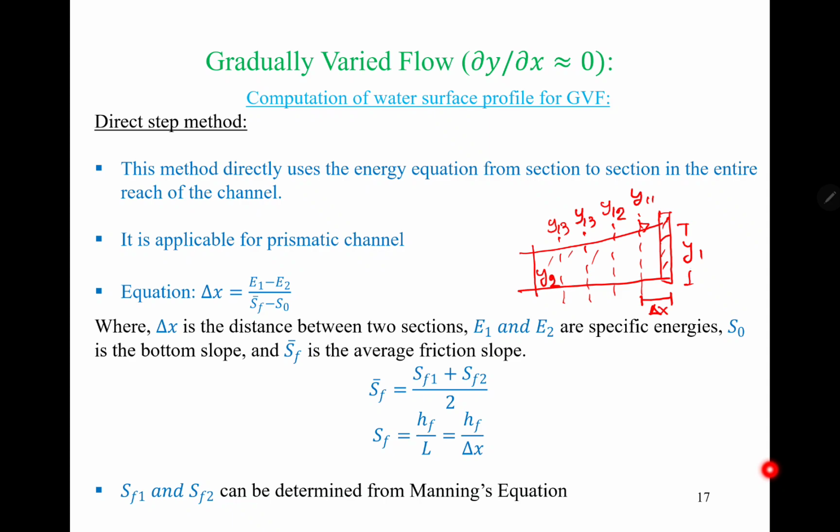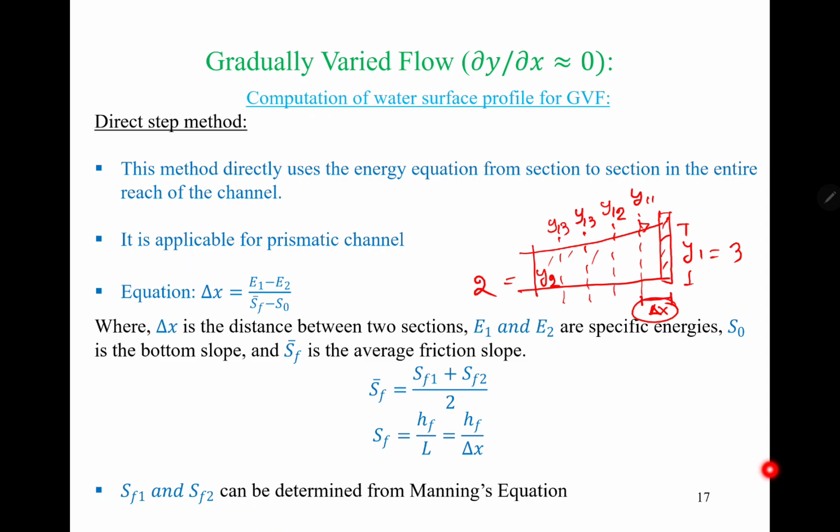If you know the upstream and downstream depths, suppose this one is 3 and this one is 2, you can assume the next steps. Maybe you will say, okay, I will go from 3 to 2 by 0.2 increments, so it will be 2.8, 2.6, 2.4, 2.2 and 2. Now the task is you need to find the delta x.